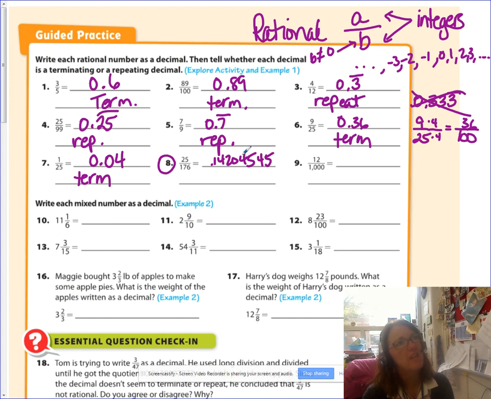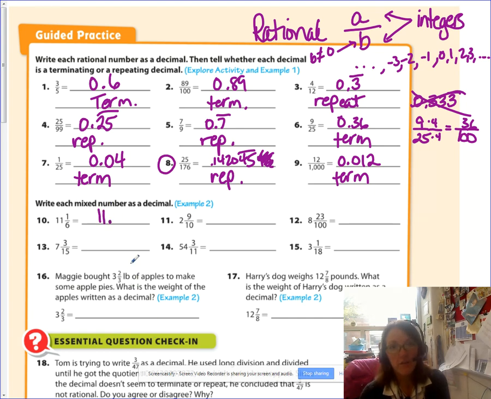So I think that it repeats in this pattern somehow. Okay, that one is a repeating one. It's icky. 12 thousandths looks like this. 0.012. That one terminates.